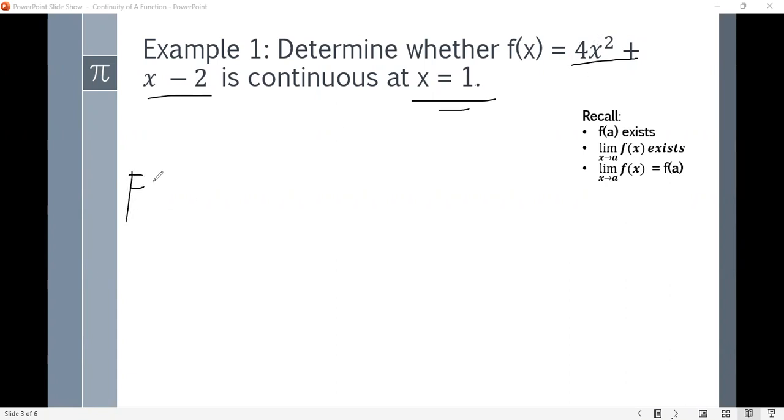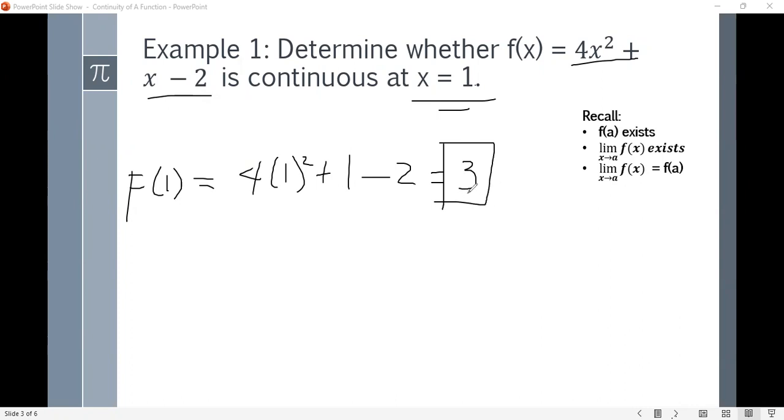So meron tayong f of 1 is equals to 4 times 1 squared plus 1 minus 2, is equals to saan? So 1 squared natin is equals to 1 pa rin. So 4 times 1 is equals to 4. 4 plus 1 is equals to 5. And 5 minus 2 is equals to 3. So yung f of 1 natin pala is equals po kay 3. Ito po yung first condition natin.